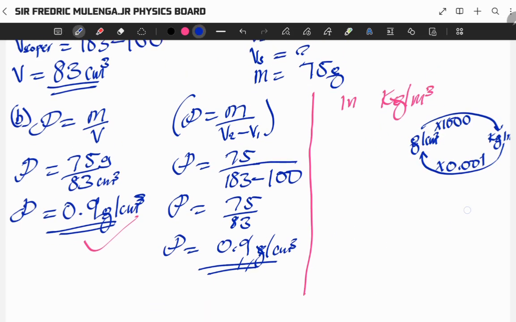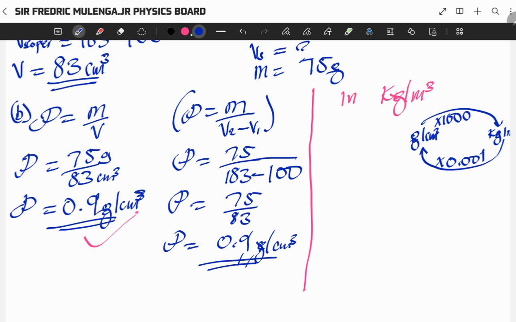Okay, so instead of wasting time, we'll just get 0.9 times, we are taking it to what? We are taking it to kilogram times 1000. Okay, so what's that?